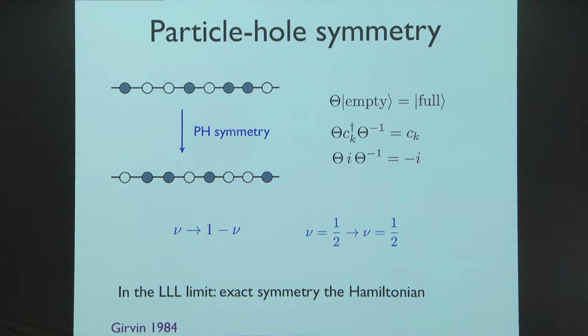A half-filled Landau level is at the same time a half-empty Landau level. One can show also that in the lowest Landau level limit, in which the only term in the interaction is a quartic term encoding the information about the interactions, particle-hole symmetry is an exact symmetry of the Hamiltonian. It commutes with the Hamiltonian.